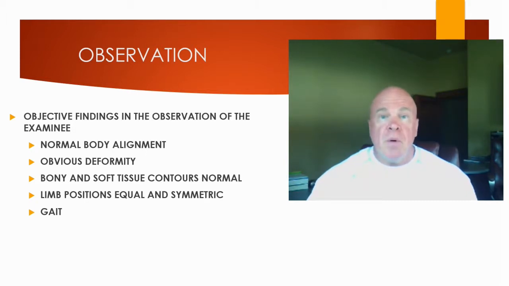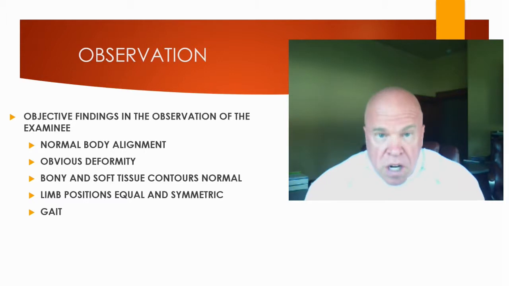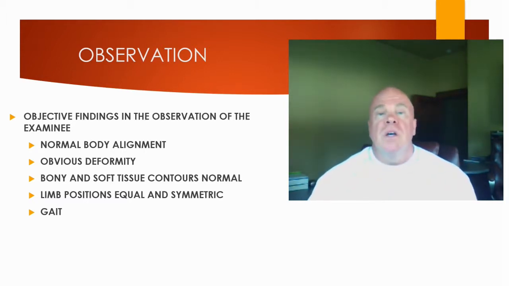For example, from the lateral aspect, if you were to see an anterior flexion antalgia of the lumbar spine, this may give you an indication of the examinee's condition of the lumbar spine. As we know, flexion antalgia of the lumbar spine is a positive physical examination observational finding for lumbar spinal stenosis.